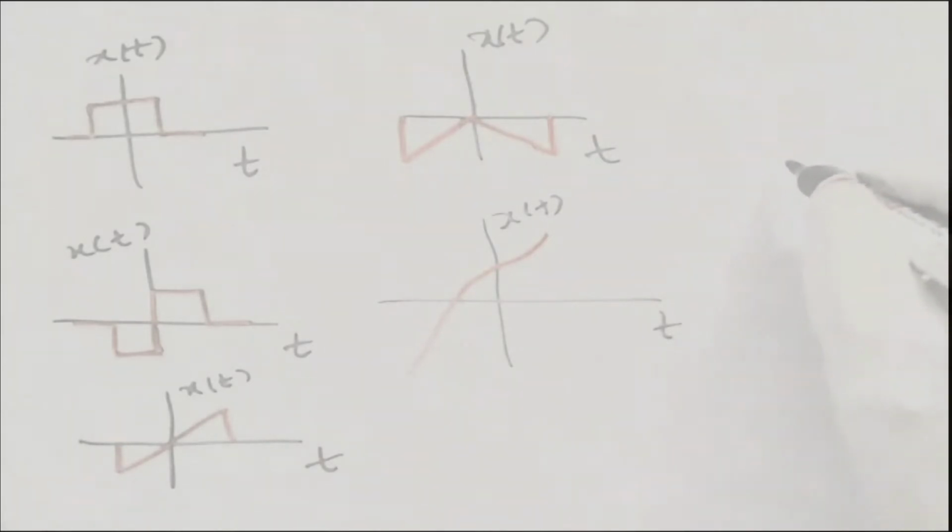And let's take a discrete signal x[n] versus n.